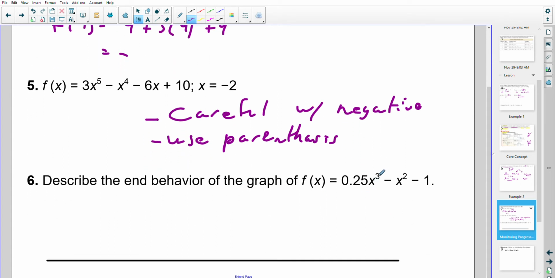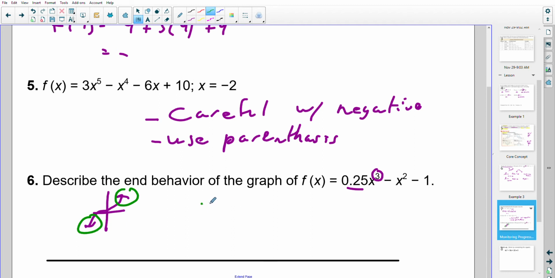Also, end behavior of this one, focusing on the positive, and it's a cubic. A positive cubic means that it's going to look like this. Again, your only focus is what is happening here and what is happening here. You don't need a perfect graph.